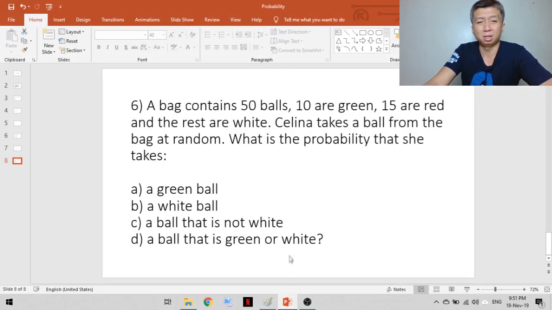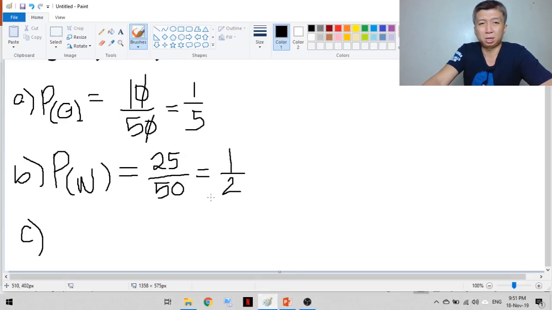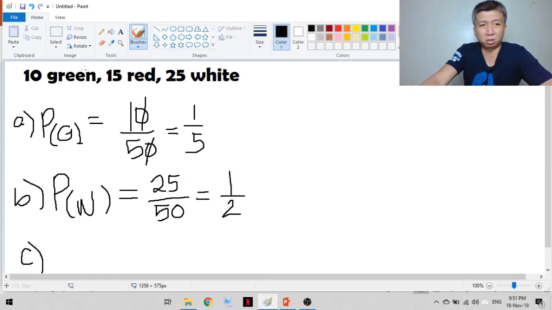Para madali. Next, letter C, a ball that is not white. Hindi daw white. So, ibig sabihin, itong either green or red. Not white. Ibig sabihin, 25 pa rin. So, probability that it is not white.